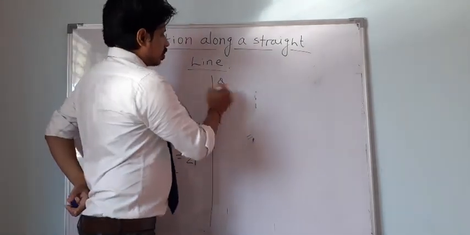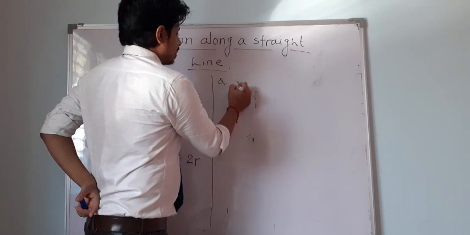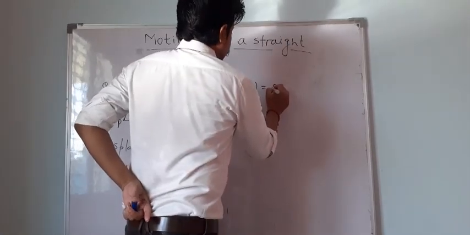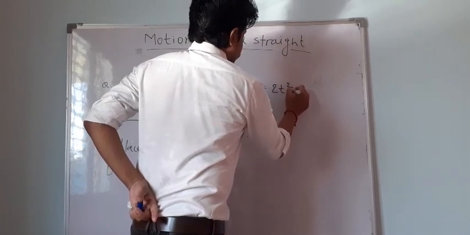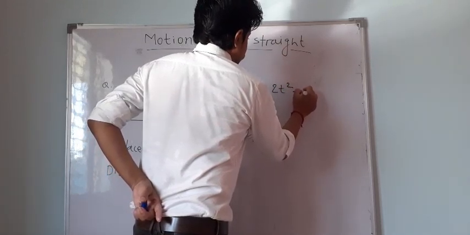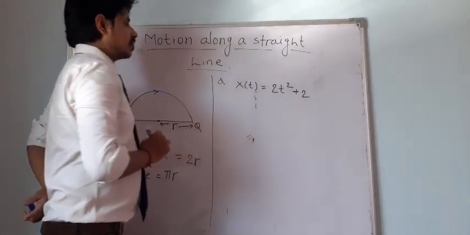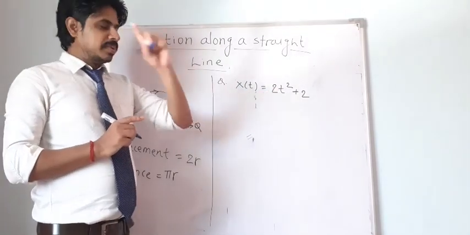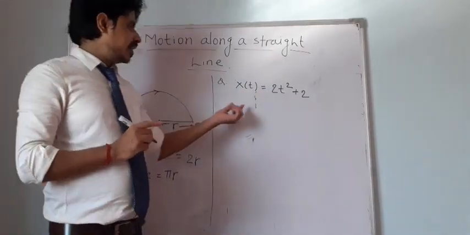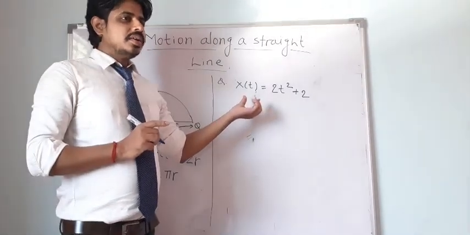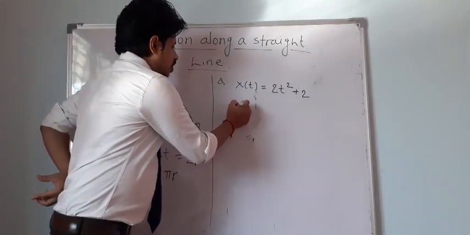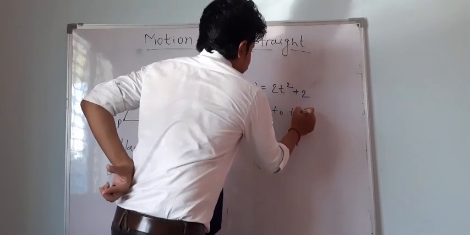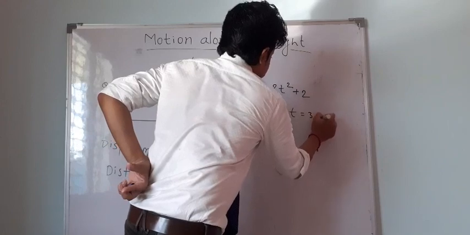For example, suppose my position as a function of time is given as x equals 2t square plus 2, and we have to find the displacement during t equals 1 second to t equals 3 seconds.